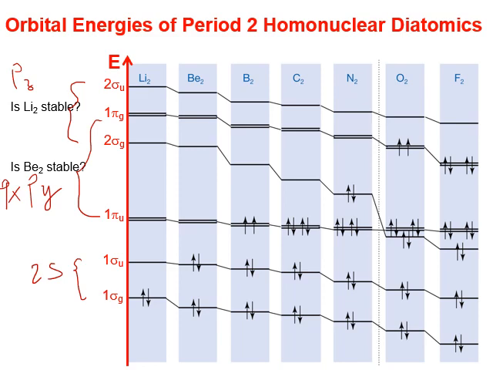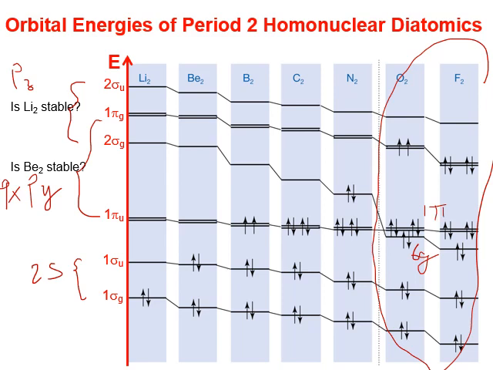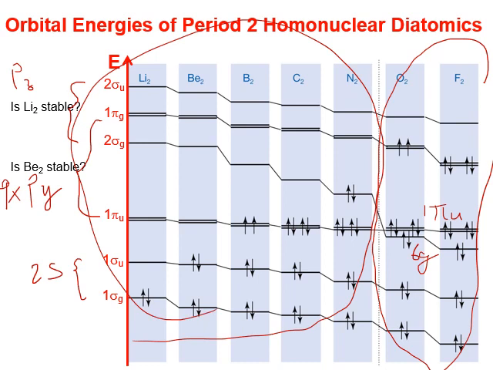For oxygen and fluorine, the 2 sigma g is lower in energy than 1 pi u, but for lighter atoms, the 2 sigma g is higher in energy than 1 pi u, as we explained in the last few slides.